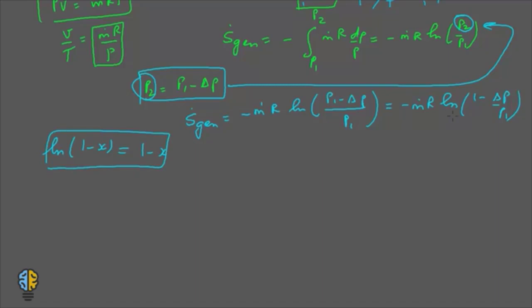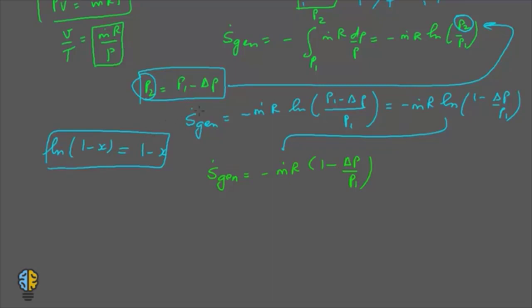So the entropy generation rate is equal to minus m dot R into minus delta P upon P1. So this is what you would get.